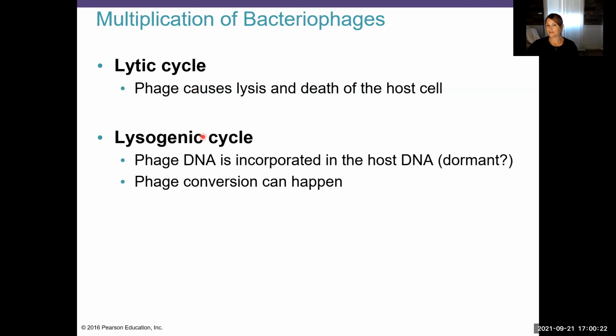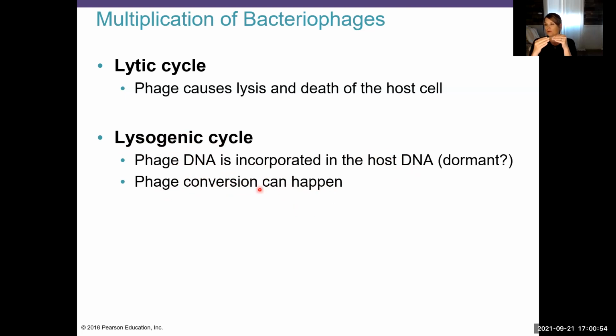Okay, not every virus can do the lysogenic cycle, right? Everybody can undergo the lytic cycle, but for bacteriophage, only some of them can undergo the lysogenic cycle. All right. So when a lysogenic cycle happens, sometimes it can cause what's called phage conversion, which means that when this phage DNA incorporates into the host DNA, it changes the DNA of the host.